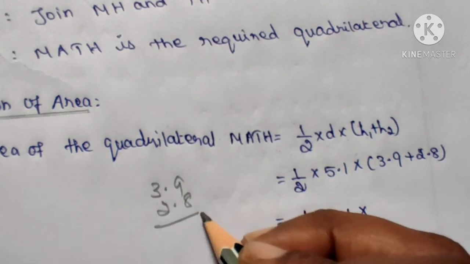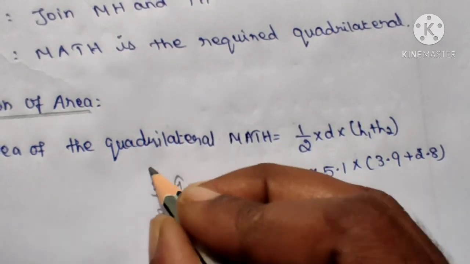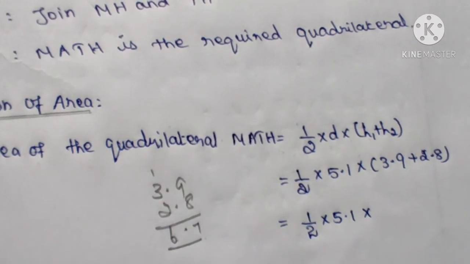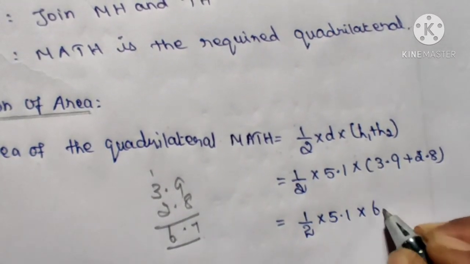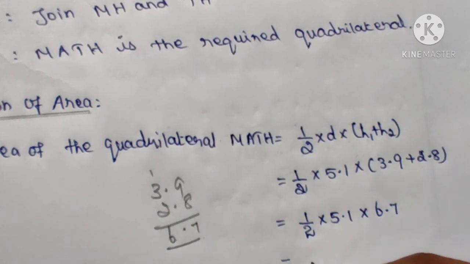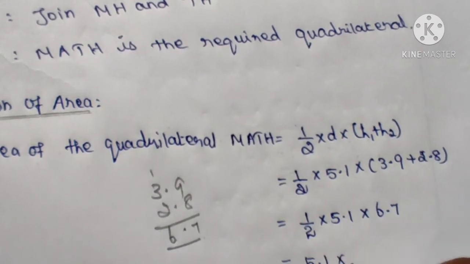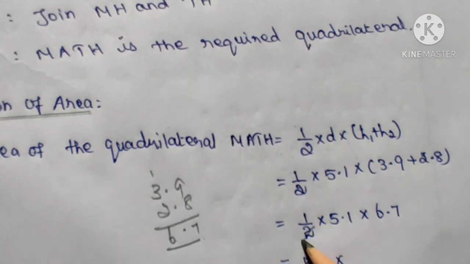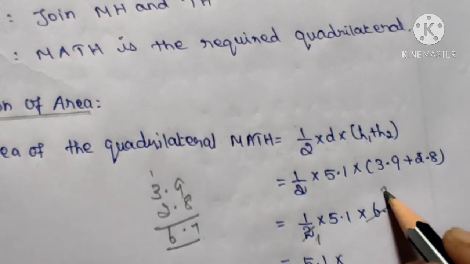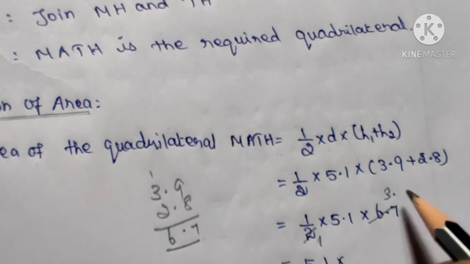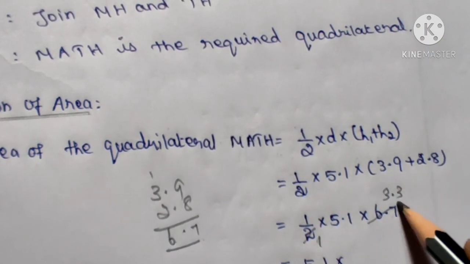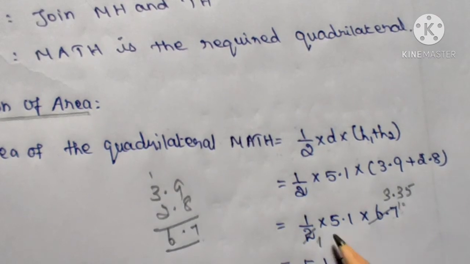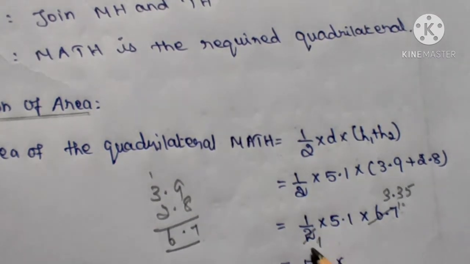9 plus 8 is 17, 1 balance, so 6.7. Now you cancel this 2 number. 1 2 is 2. Here 3 2s are 6, 1 balance. So the number is 10, 5 2s are 10. Or you find out the product after you take the division.